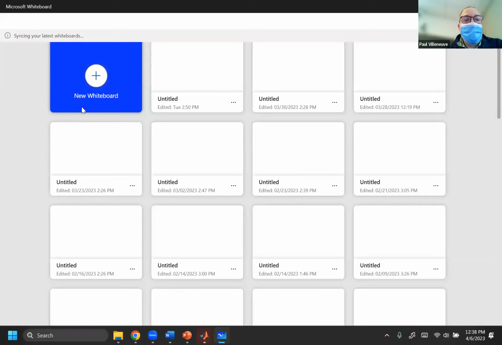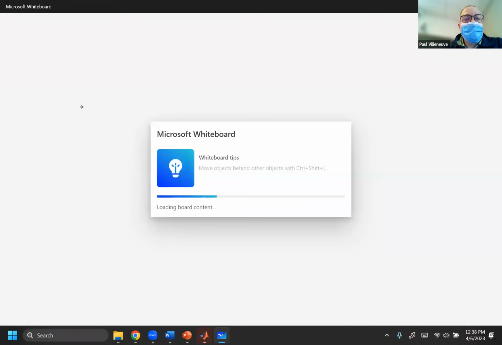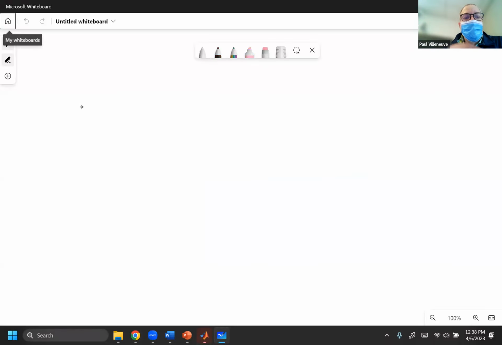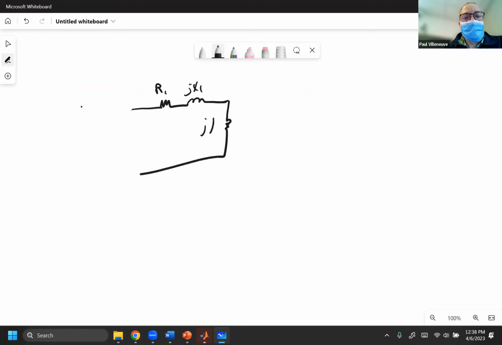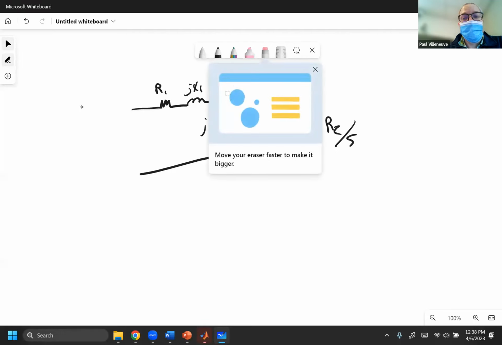Okay, while this is launching, my equivalent impedance. So here is my resistor, my inductor, R1, JX1. This is JXM. This is JX2. And then I just have that one resistor, R2 over S. And normally these elements are in fact connected.